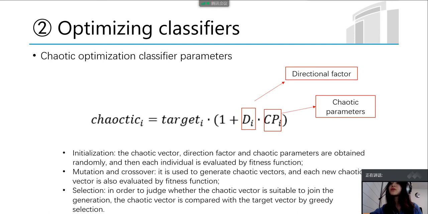Meanwhile, in order to judge whether the chaotic vector is suitable to join the generation, the chaotic vector is compared with the target vector by greedy selection. We do not cross the target vector and the mutation vector when optimizing. Thus, the formula for generating the chaotic vector is as the formula shows.